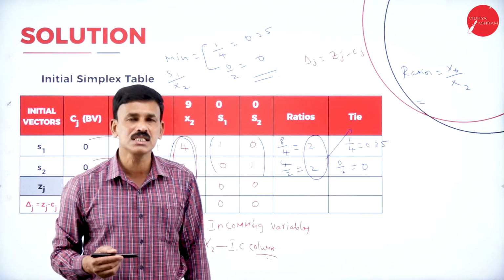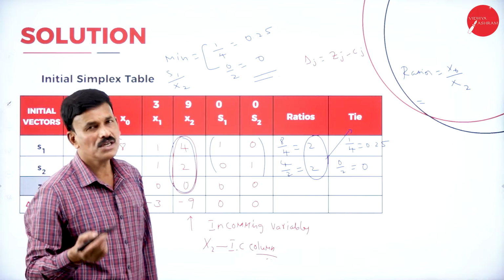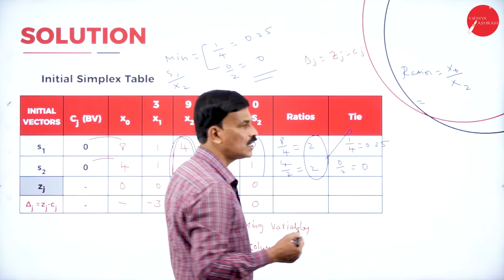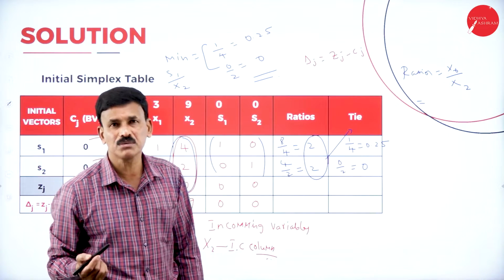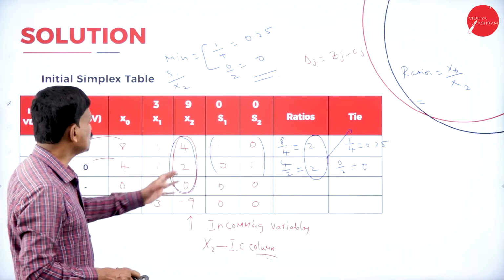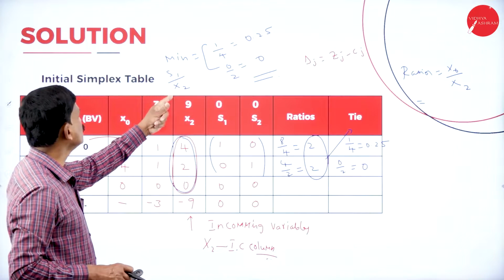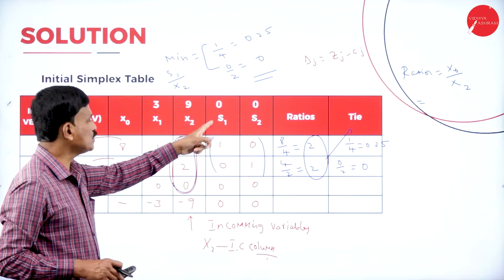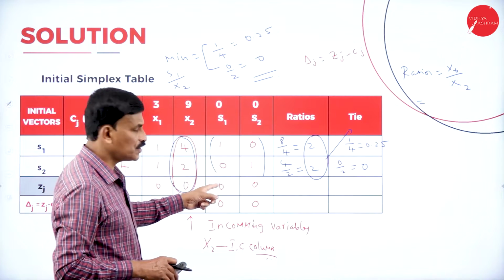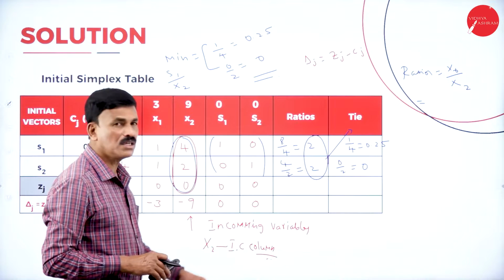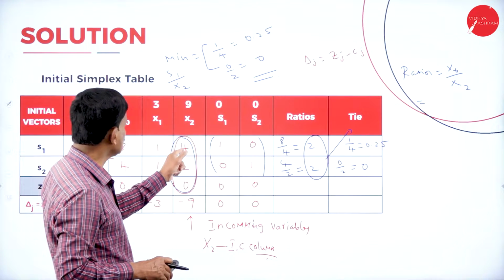Identify the least positive value, as usual, and go for the outgoing variable. See here, the minimum value is given by the elements of the first column of the unit matrix divided by the elements of the incoming column, that is S1 divided by x2.